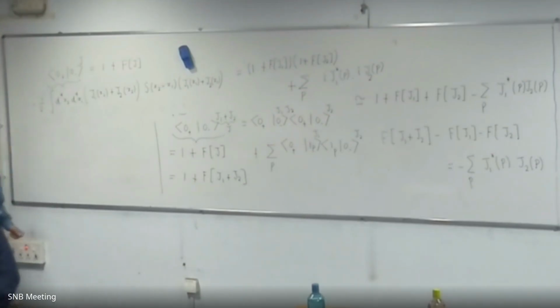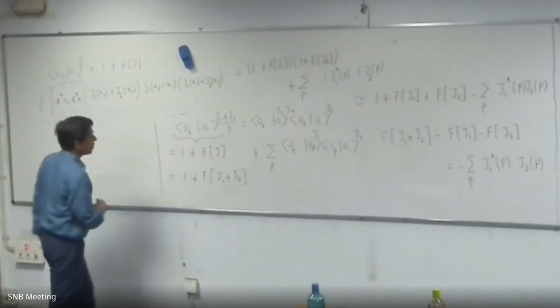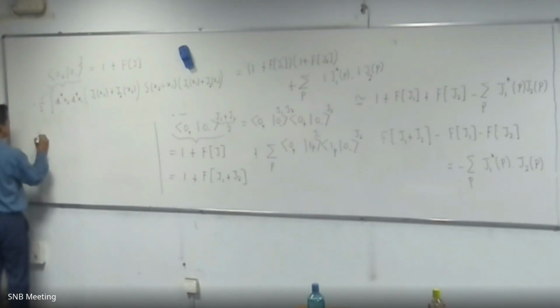This was our answers for f of j. So now it is f of j, it is just f of j1 plus j2. So you write this thing down, and then minus of that and minus of that. So minus minus will give you a plus, right?